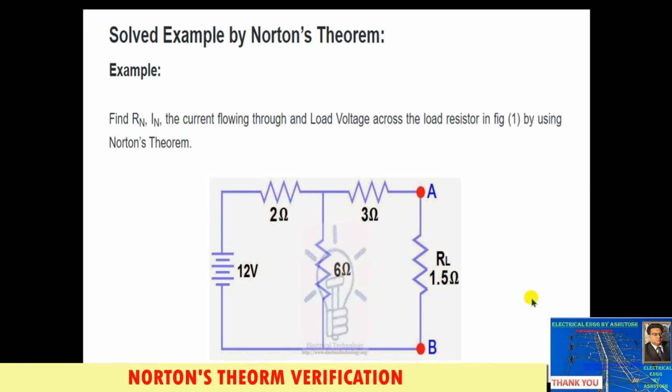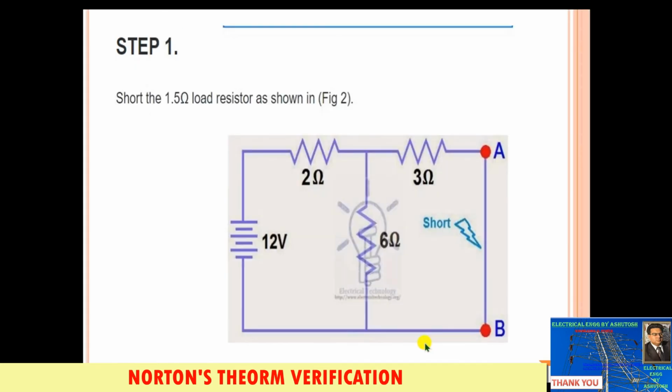So first step is short circuit: remove this load resistance temporarily, which is connected across A and B, and place a short circuit across A and B. So this will be the circuit, where A and B is short circuited and the load resistance is removed temporarily.